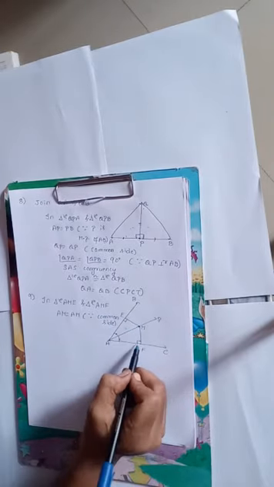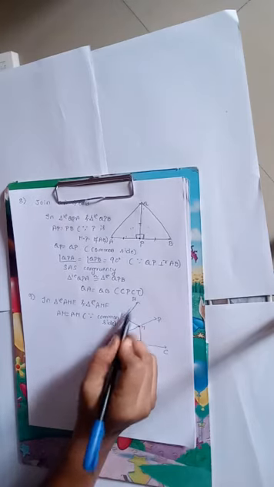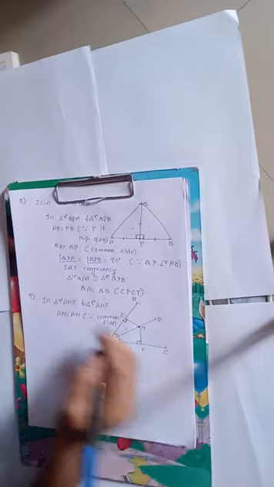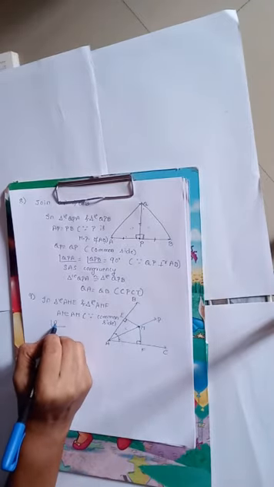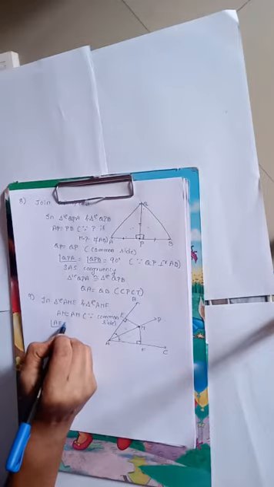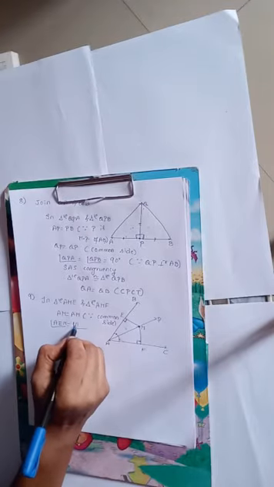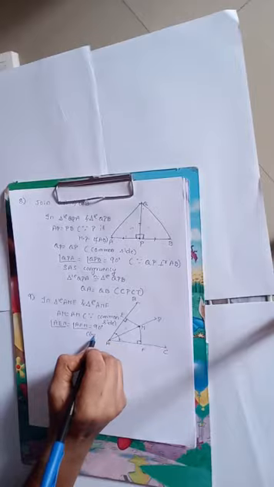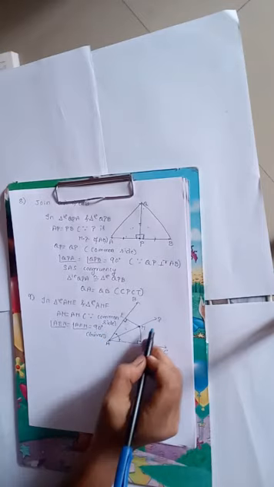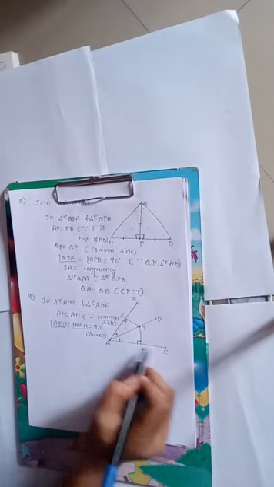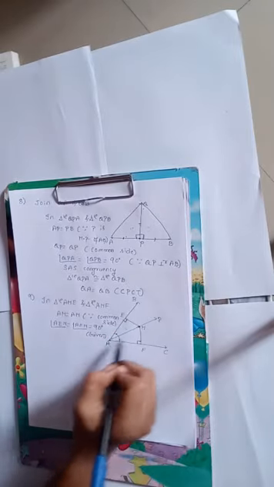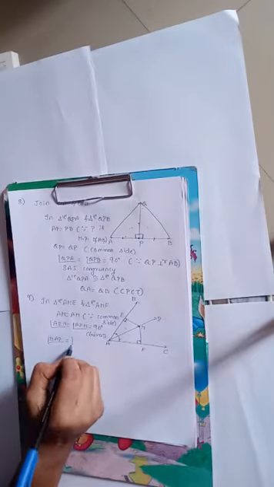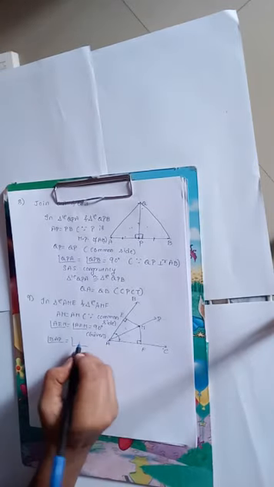Next, it is given that ME is perpendicular to AB and MF is perpendicular to AC, which means these two angles are equal to 90 degrees, that is, angle AEM is equal to angle AFM, equal to 90 degrees. Again, AP is the bisector of angle BAC, which means angle BAP is equal to angle CAP.